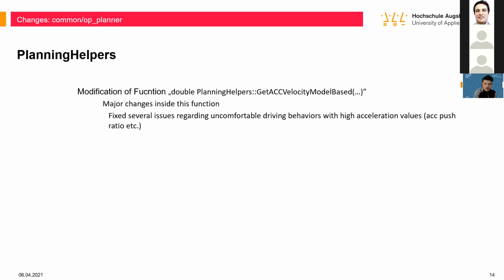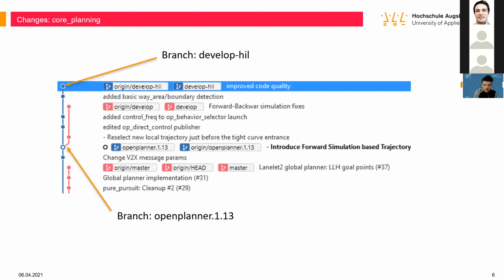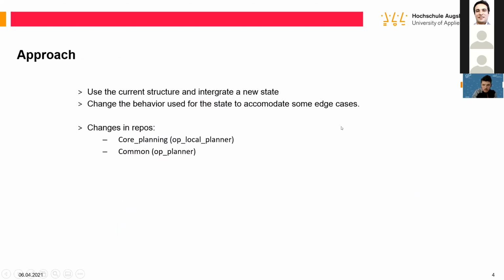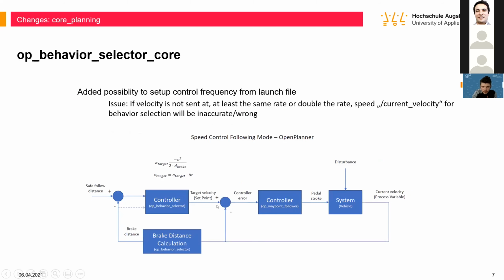Okay, it's just easier to take a look at this slide here. Yeah, here we go. So in the controller, the behavior selector sends target velocity to the OP controller. Before this, the target velocity is coming from the controller.